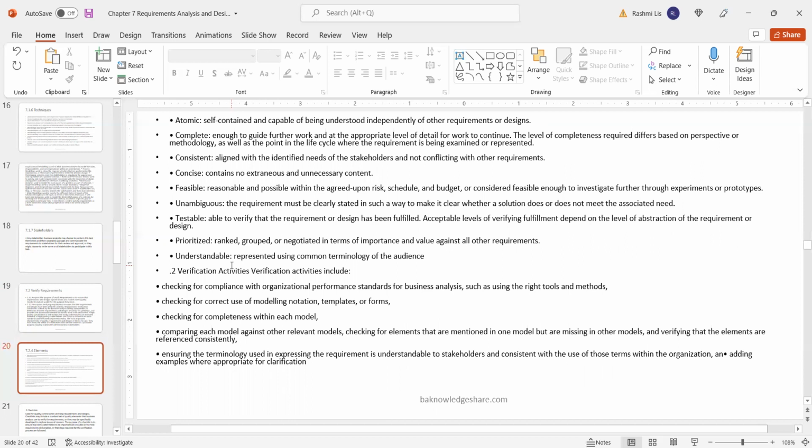Ensuring the terminology used in expressing the requirement is understandable to stakeholders and consistent with the use of those terms within the organization, and so on and so forth.